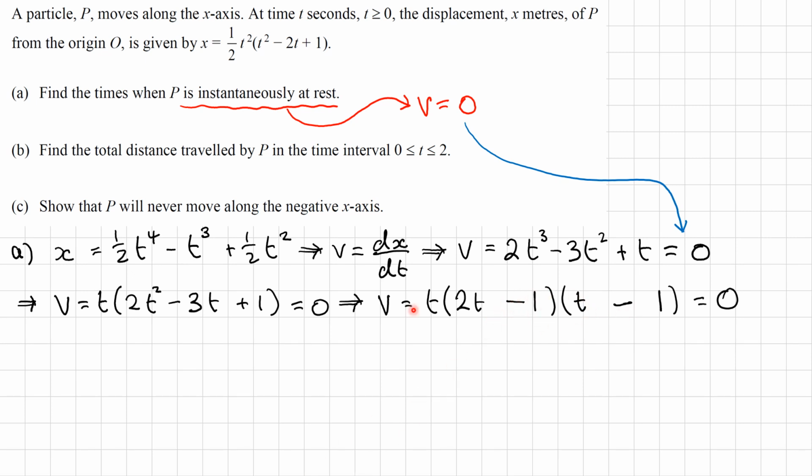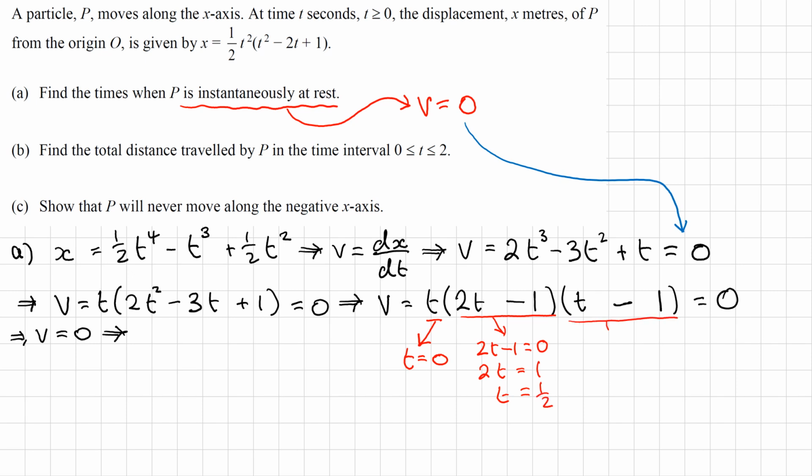So from this, I can work out what the roots of v are. So v is going to be 0 for the following values of t. First of all, when t is equal to 0. Also, when 2t minus 1 is equal to 0, that means when 2t is equal to 1, or t is equal to a half.